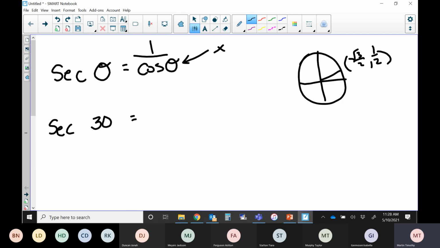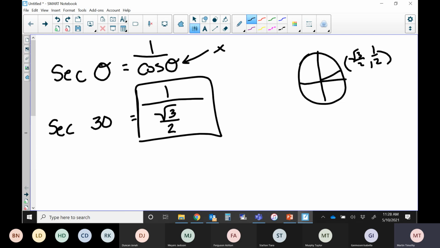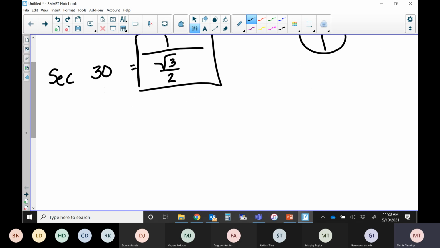So this would equal 1 over the square root of 3 over 2. We don't like multiple fractions inside fractions, so that means 1 divided by the square root of 3 over 2. We flip: 1 times 2 over the square root of 3.